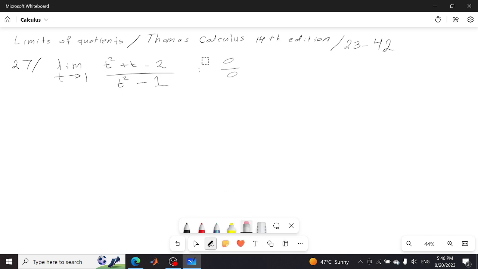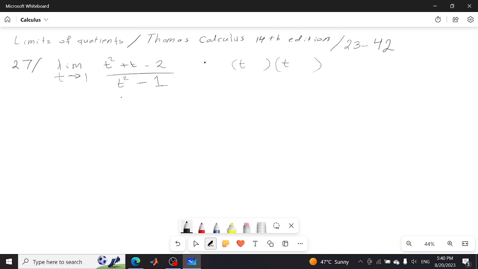So what we must do is simplify the fraction here. We must simplify the numerator and the denominator. For the numerator we can split it into two brackets. How do we get t squared? It is t times t.